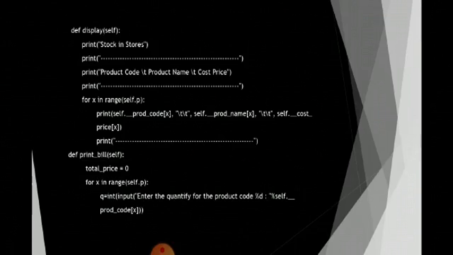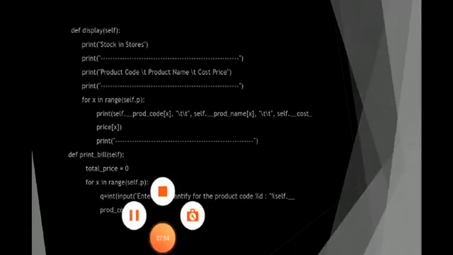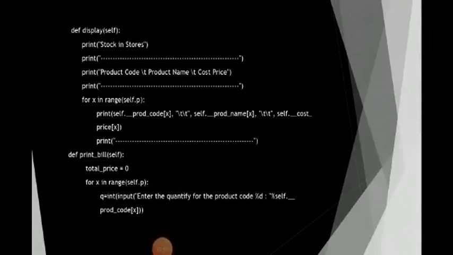Okay, here for x in range of self.p, q equal to int(input("enter the quantity for the product code %d")). So here we are going to get the product code. So we print, now we are generating the bill.